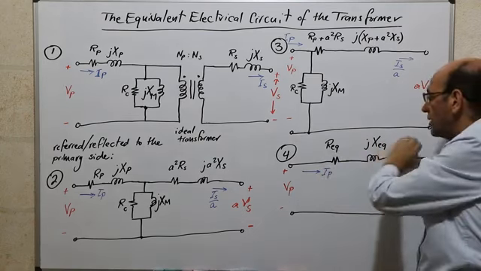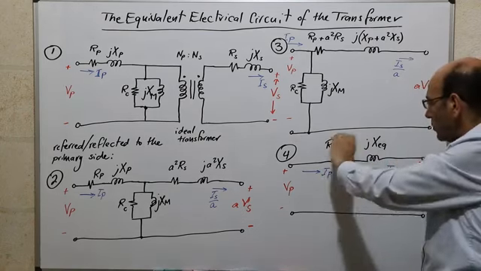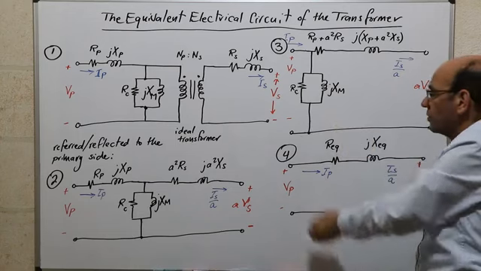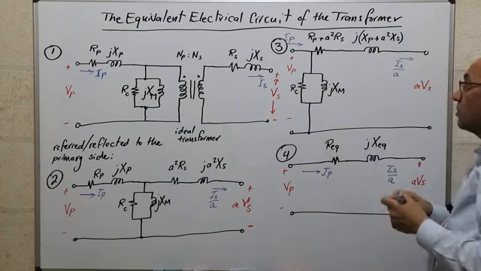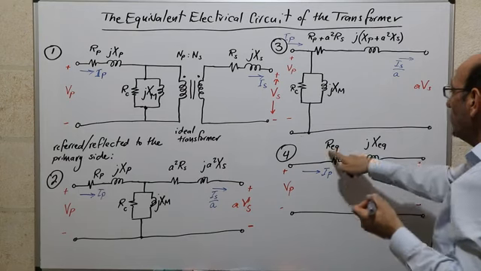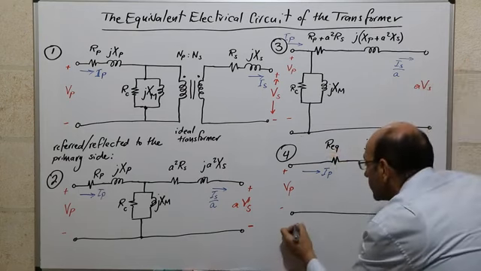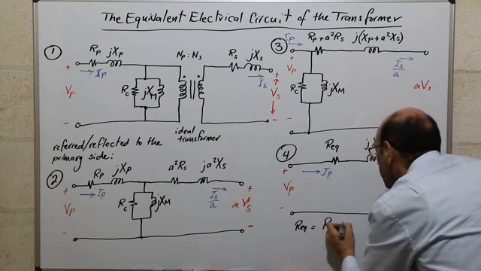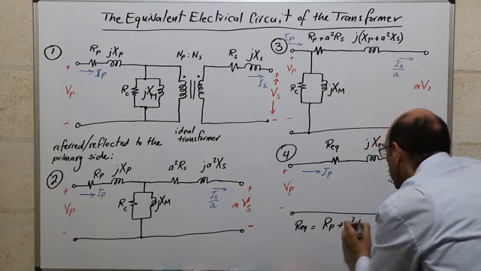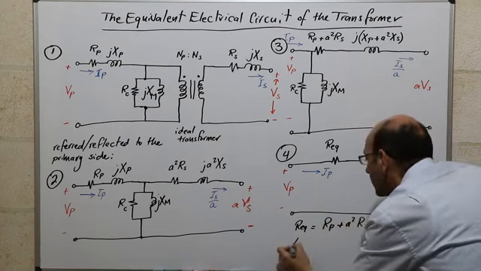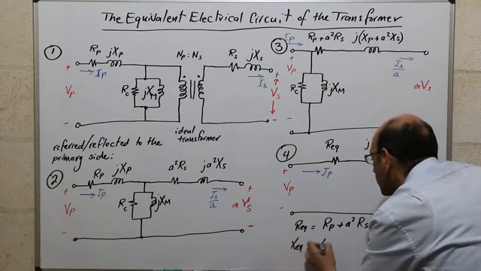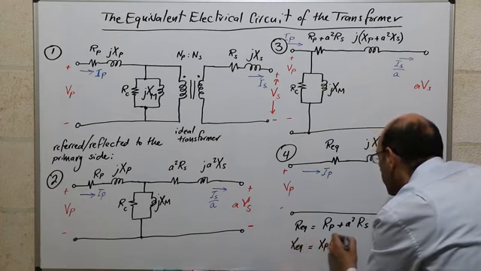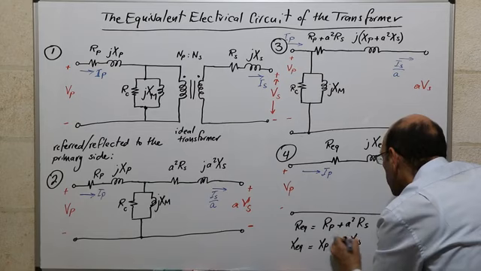We've just taken the series component, we've kept the series component, we've done away with the shunt component as a simplification, and we know that R equivalent is equal to R primary plus A squared R secondary, and X equivalent is equal to X primary plus A squared X secondary.